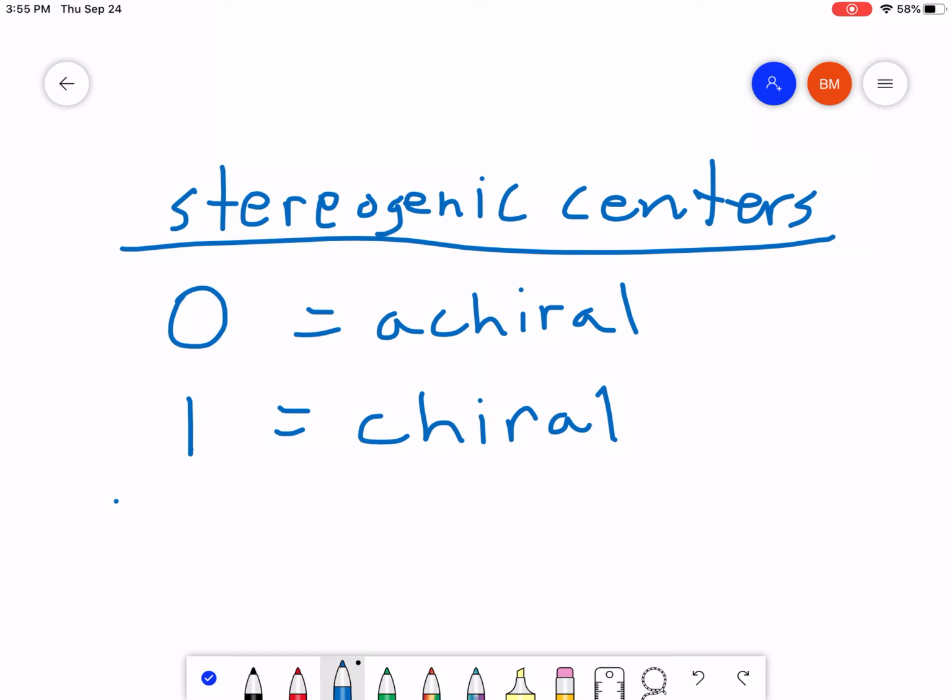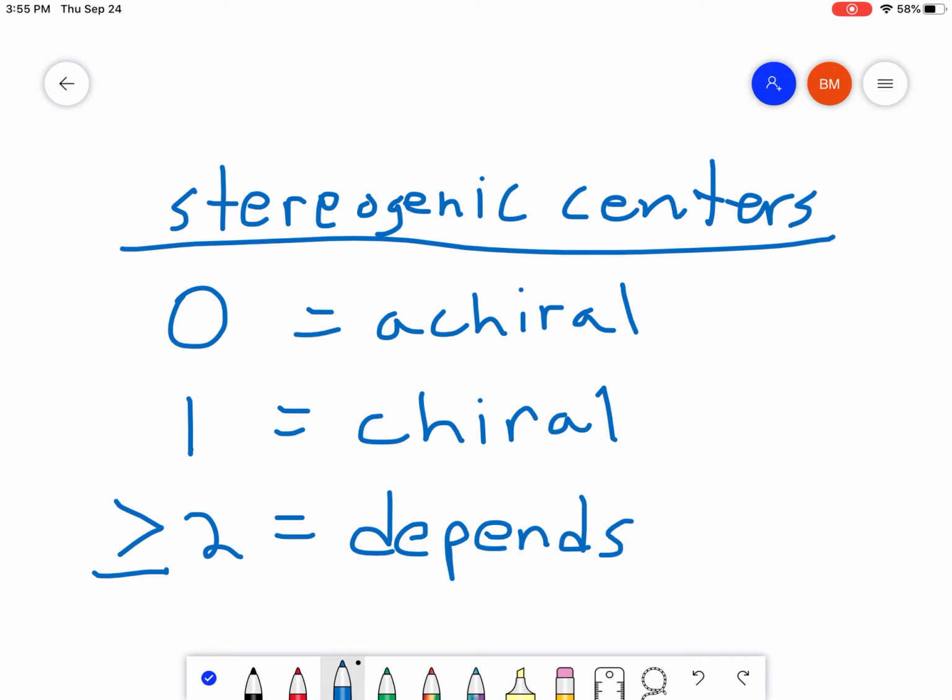If you have greater than or equal to 2 stereogenic centers in a structure, this is where you're going to hate the answer because it is depends. Sometimes they are, sometimes they're not. Depends on what other groups you have within the molecule. Right? But don't worry, later in the chapter we will get to molecules that have more than 1 stereogenic center and how you can determine which ones are chiral and which ones are achiral.